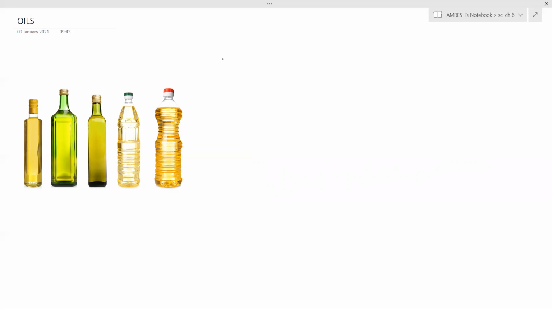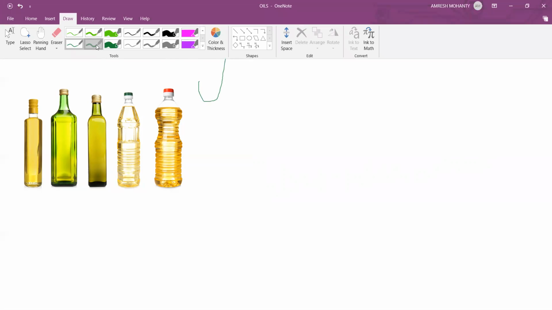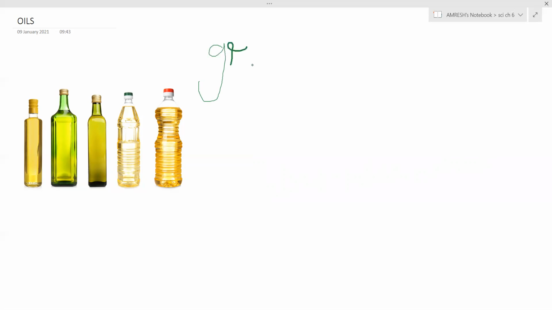So you may get a question, write some names of oils. You can write groundnut oil. Groundnut oil you will get from groundnut. Coconut oil.